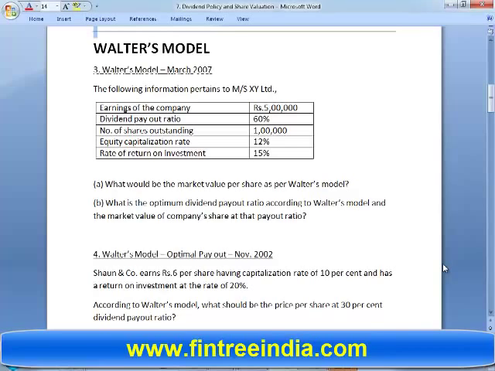Since XY limited's return on investment is higher than equity capitalization rate, optimal dividend payout ratio is 0.